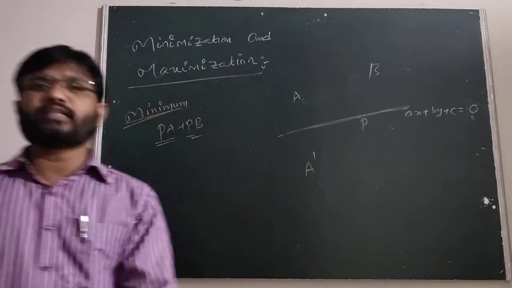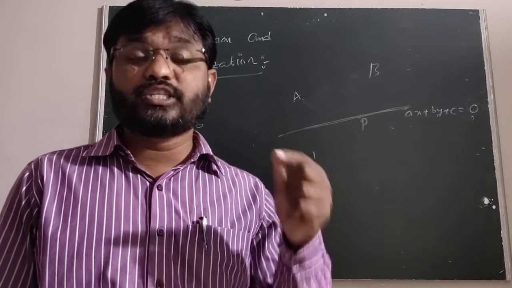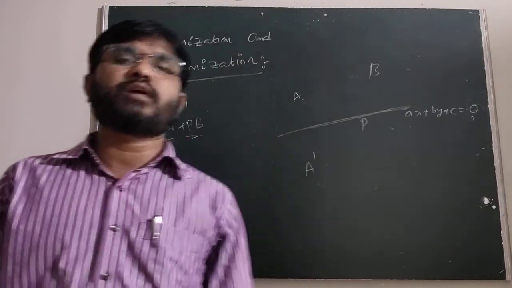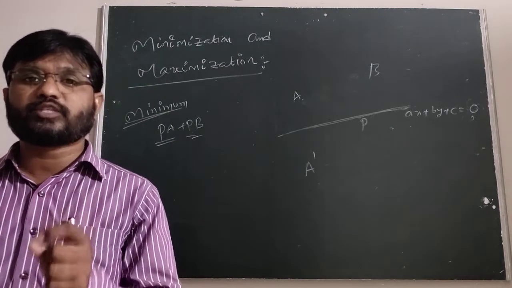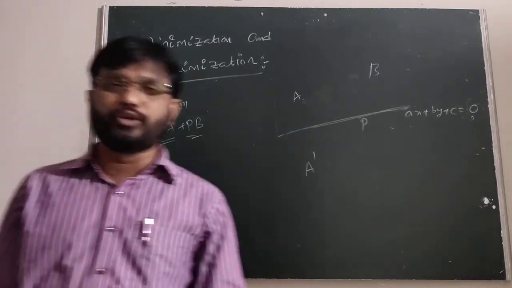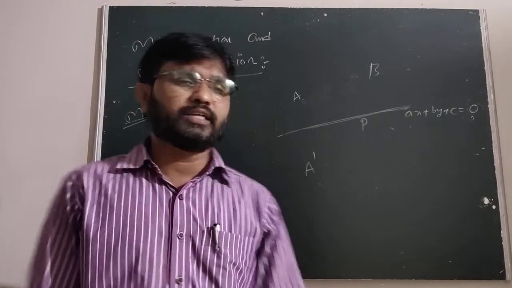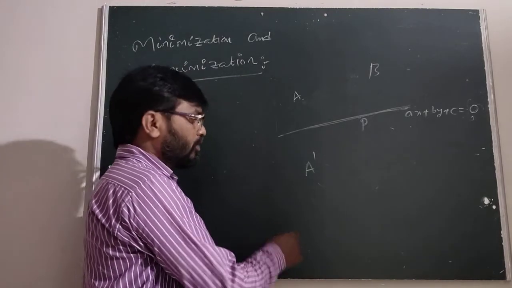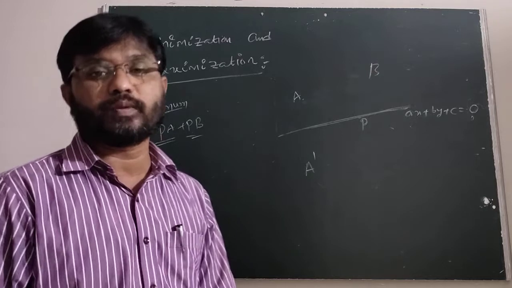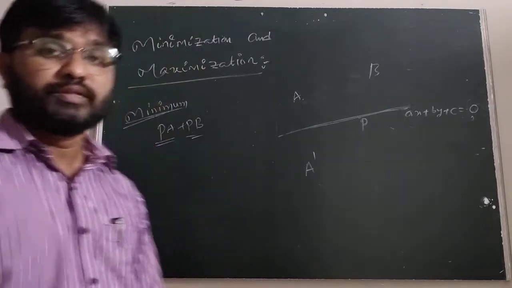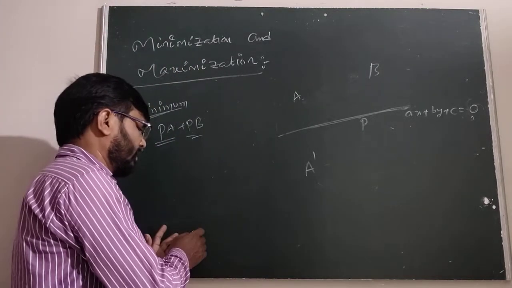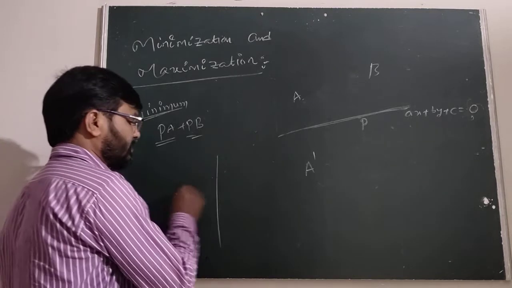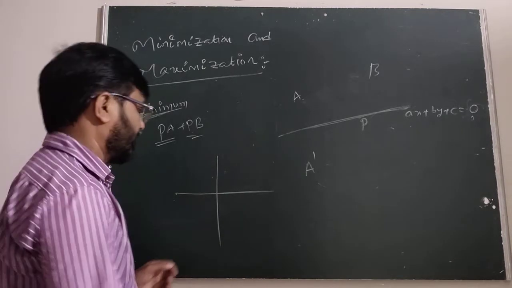We know that h comma k is the image of x1 y1 with respect to the line ax plus by plus c equal to 0. Yesterday we discussed the image and foot of the perpendicular theorems.